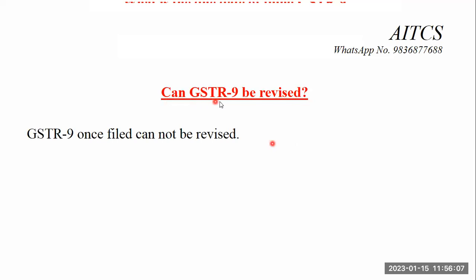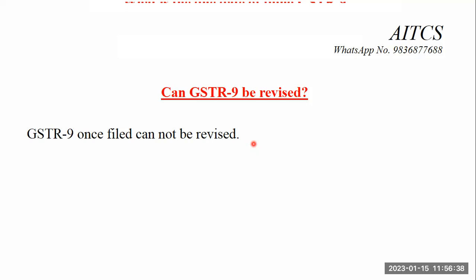Next is, can GSTR 9 be revised? No. GSTR 9 once filed cannot be revised. We know that in GST, not only GSTR 9, any return once filed cannot be revised. But in case of GSTR 1 or GSTR 3B, although revision is not allowed, it is allowed to be amended in the next tax period.